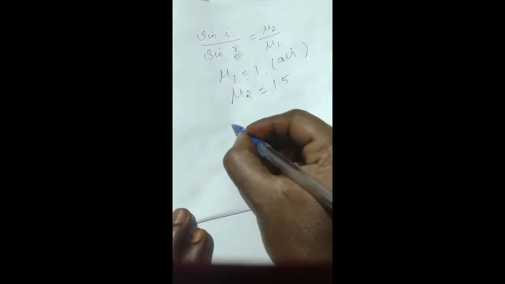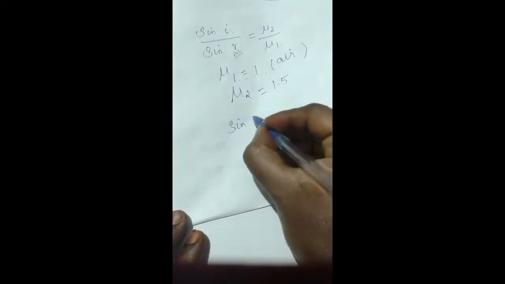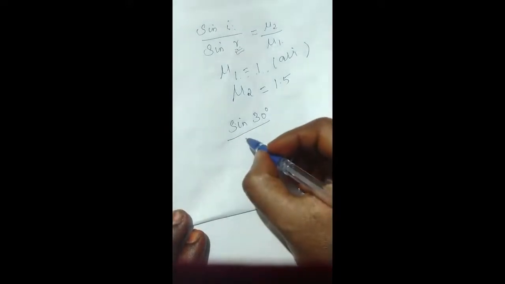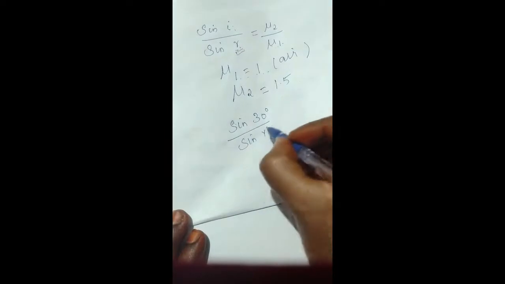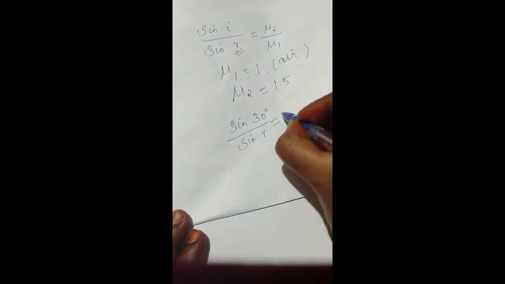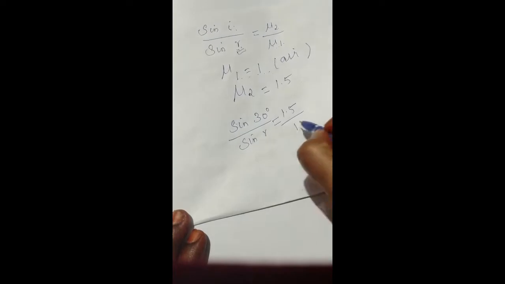Otherwise we can write sin R is equal to 1 into 1 by 2 divided by 1.5. Sin R equal to sin 30 degree divided by 1.5 divided by 1.